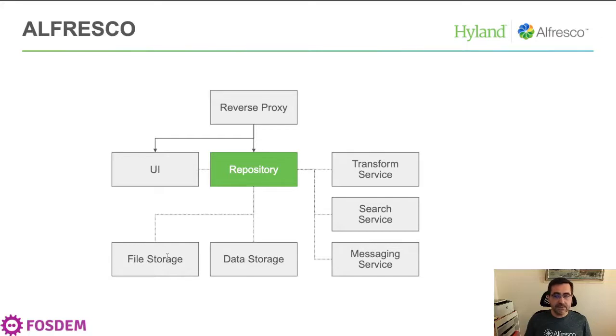The content is stored in a file storage that is a file system for the documents, and the data storage that is the database for the metadata. Also, some UI applications delivering the features to the users can be connected to that core repository. On a typical deployment, a web reverse proxy is used as frontend to handle external requests to the different Alfresco features.